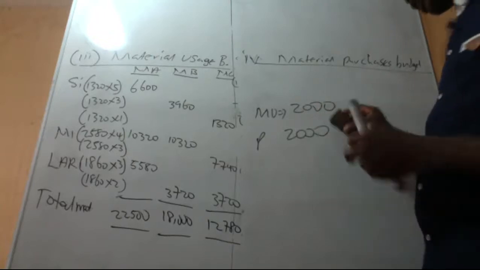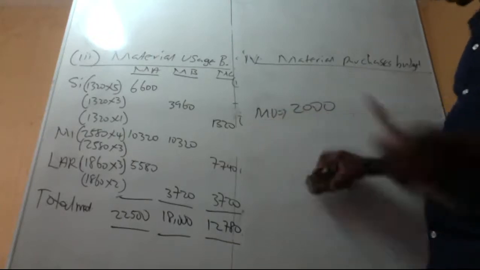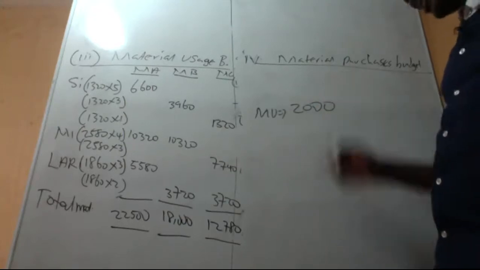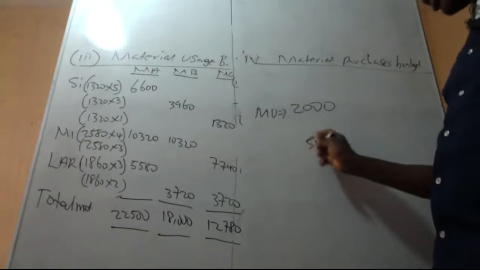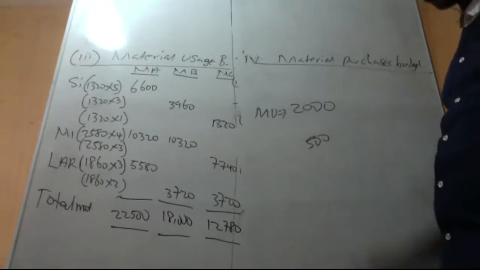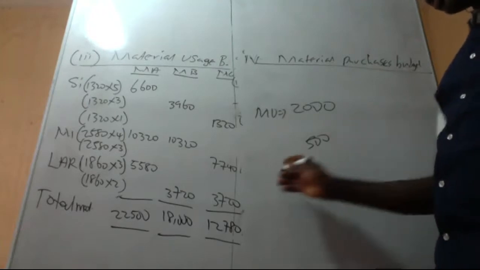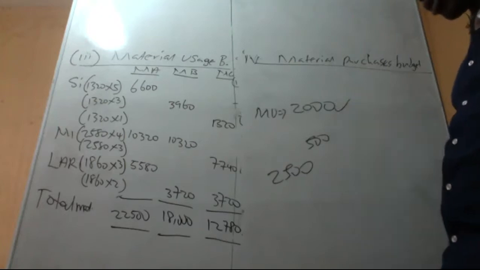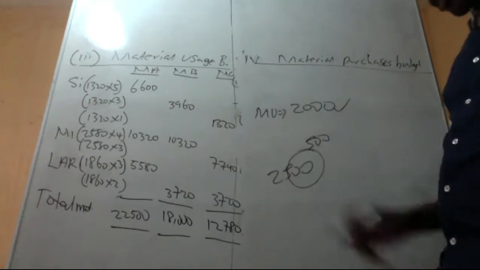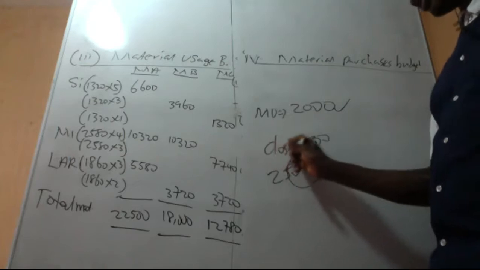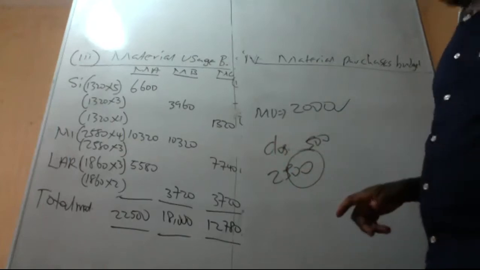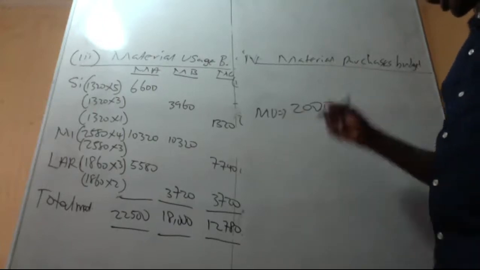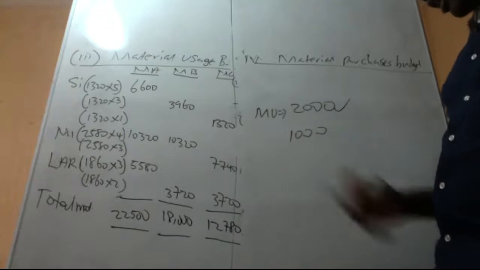Good. Now let me start the massage. This time around, I won't start with the opening inventory. What if after the production, you have to leave 500 units for your production? It means that I have to go and buy 2,500, so that when I use 2,000 for my production, I will leave 500. This 500 is the closing inventory, so you add. Now what if I have opening inventory of 1,000 there, free of charge?